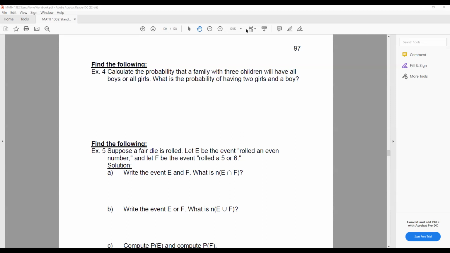So let me just write that down over here. It's 8.4, right? Probability. So this is a fun section, especially when we start thinking about gambling. Example 4.